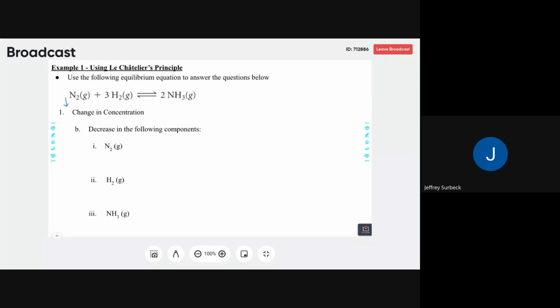Because N2 is already on the left, this will shift left. H2, again, originally on the left, we take it away, shifts to that same side, so again we see shifts left. And then NH3, if we take that away, it shifts to the same side that NH3 is on. So we shift to our right.